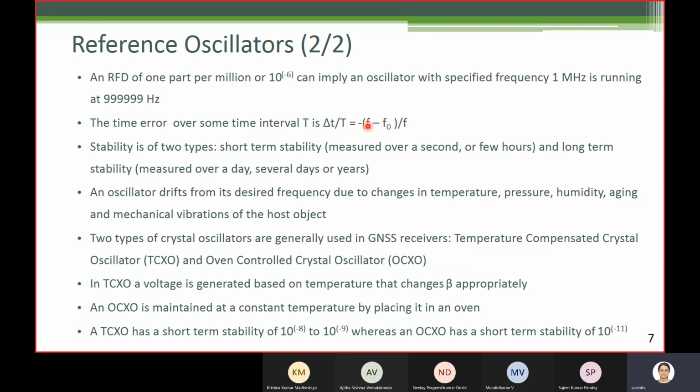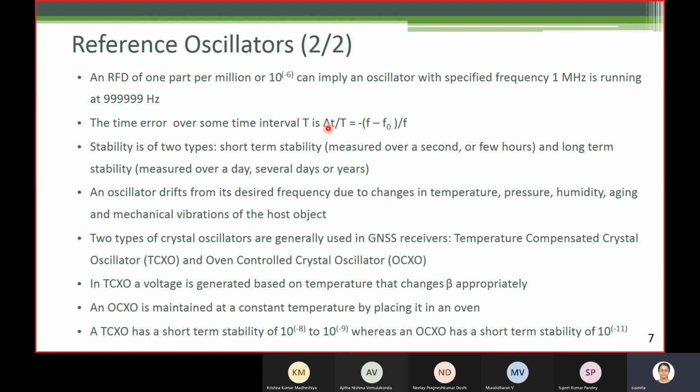Now let's assume that this oscillator is running fast, meaning f is greater than f naught. How will that translate to the time error? So f is greater than f naught. Our denominator is always positive, it is frequency. So this term is negative. Now capital T cannot be negative, right? So delta T is negative. Now delta T is actual time minus reported time.